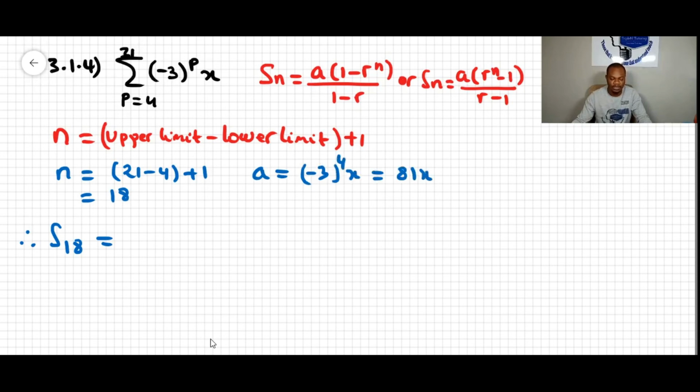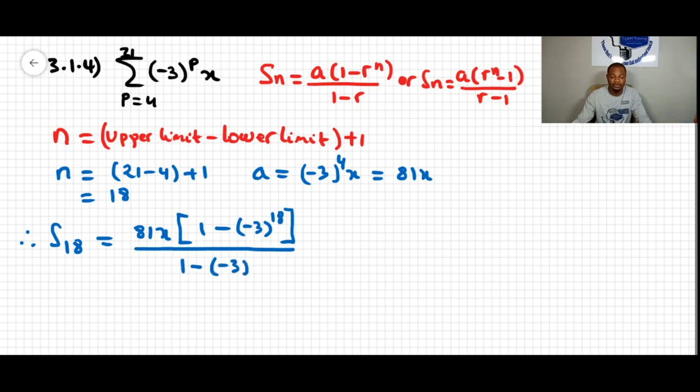So now we have 81x, then square brackets, 1 minus r, which is -3 to the power of 18, close bracket, all over 1 minus -3.